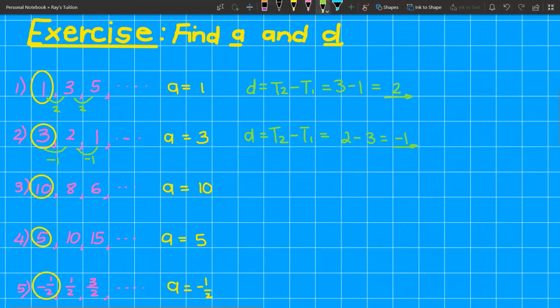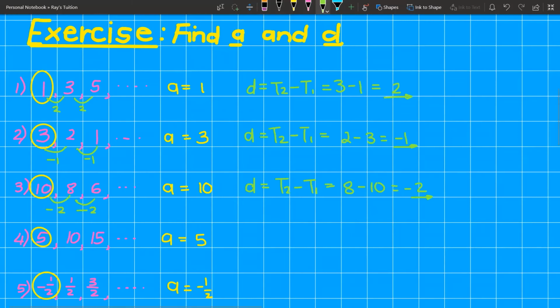Let's look at the next one. D is equal to, again, T2 minus T1, but you're more than welcome to use any of the terms. So here we've got 8 minus 10, which is minus 2. And 6 minus 8 is minus 2.